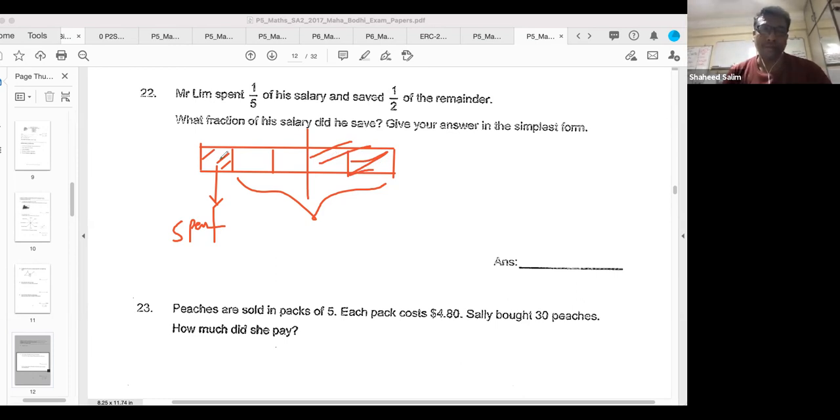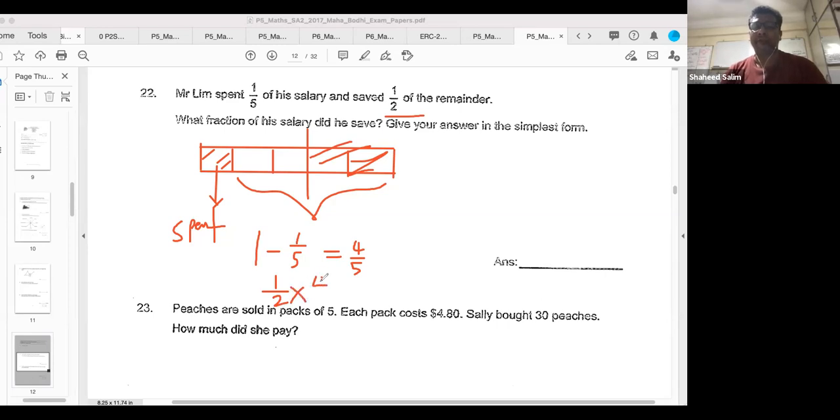Can you see now? But what is Putri says? Putri says first you take 1 whole minus 1 out of 5. Why 1 whole? This represents the whole money. 5 out of 5 minus 1 out of 5, you get 4 out of 5. This is now what is left, the remainder. So now he saved half of the remainder. Half of is times.